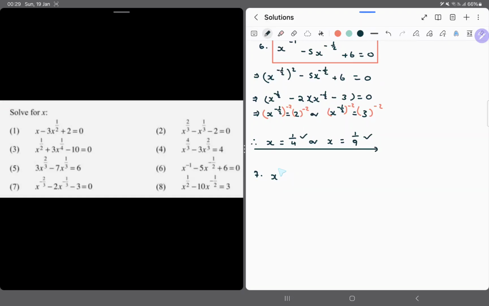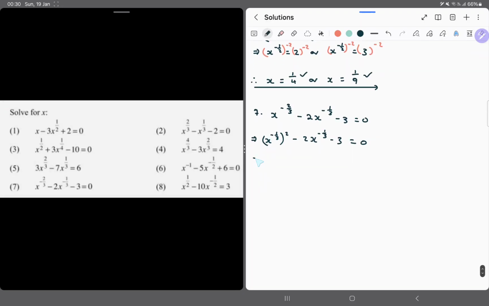So this is x to the minus 2 over 3 minus 2x to the minus third minus 3. So you can already see here the smallest power is what we look for, and then we try to make the other one just like it. So this is x to the minus a third all squared, minus 2 into x to the minus a third, equal to 0.